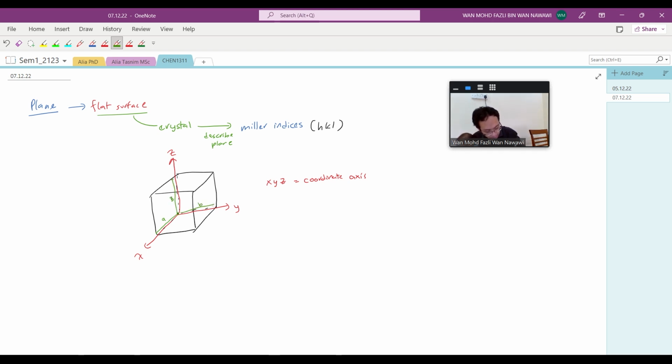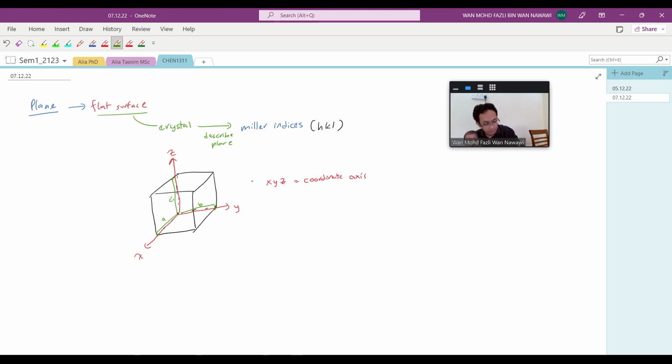The difference is that A, B, C only stop at the unit cell edge, but X, Y, Z is just like the axis.